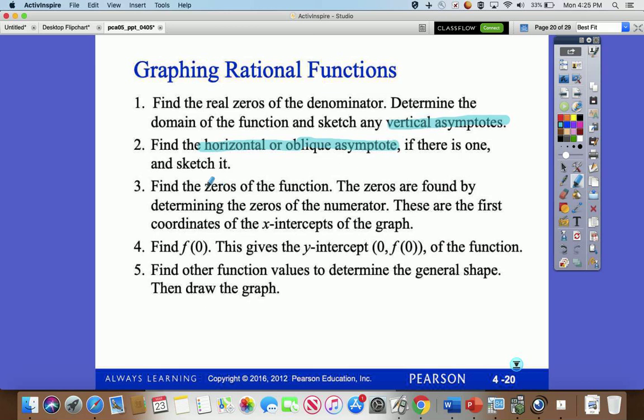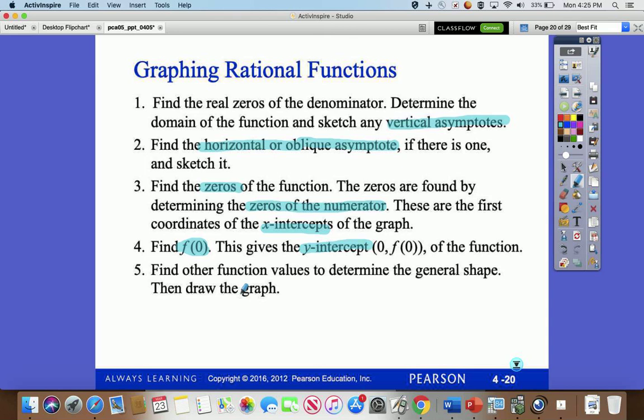Then you're going to find the zeros of the function. Those are going to be the x-intercepts, which are the zeros of the numerator. We got our vertical asymptote from the zero of the denominator. Our x-intercepts are going to be from zeros of the numerator. Then you're going to find your y-intercept by plugging in 0 for x. That's what F of 0 means: plug in 0 for x, and that'll give you the y-intercept.